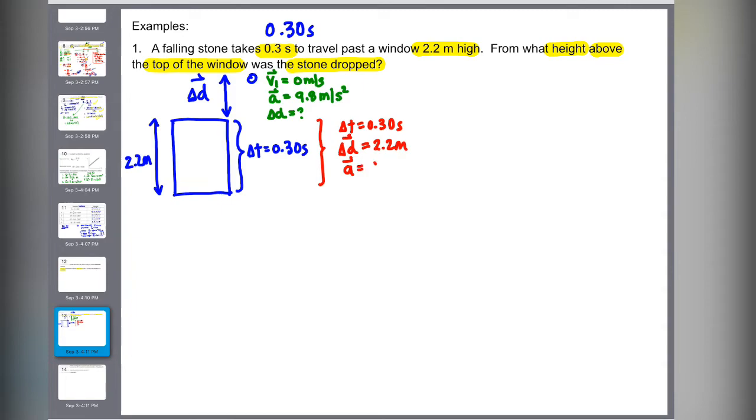And I don't know if you picked this one out, the stone is still experiencing acceleration due to gravity going downward. So I have 3 givens. I need to look for something that can connect the top and the bottom. What is the connection between them?